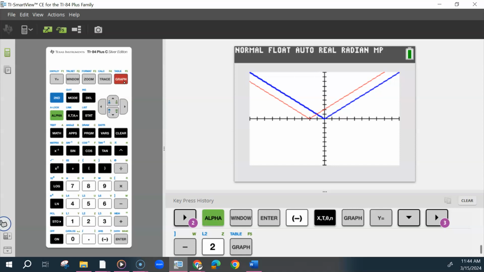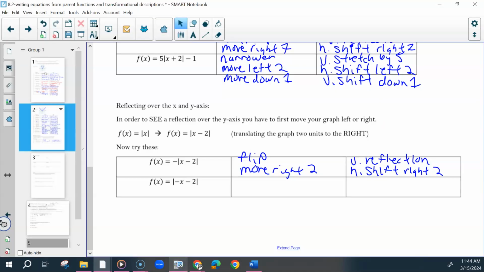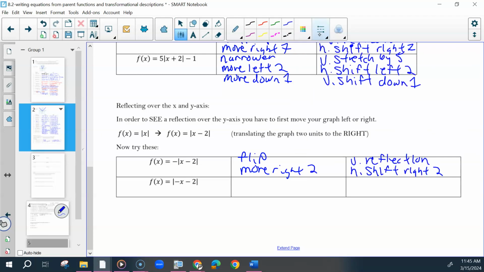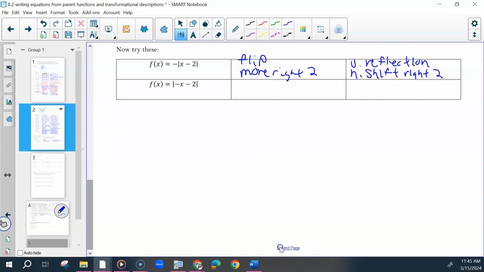Now, if you have the equation exactly, then you should do whatever the equation says. But if you just have the graph, it could be either or. So I'll write what it actually did, but then I'll also write what it looked like it did. So it looks like it moved to the left 2, which would be a horizontal shift left 2.